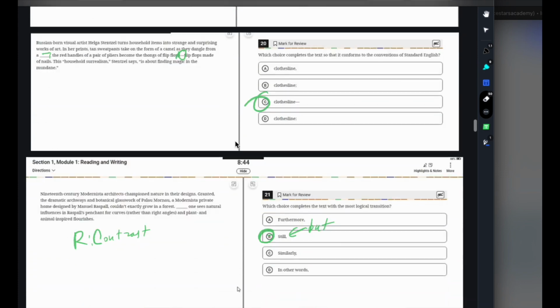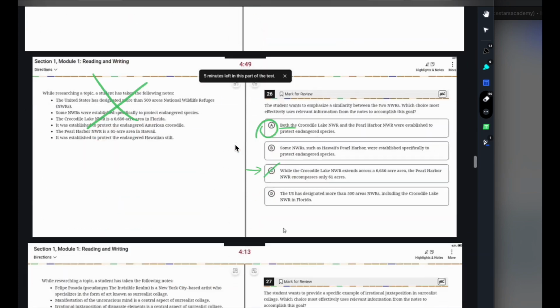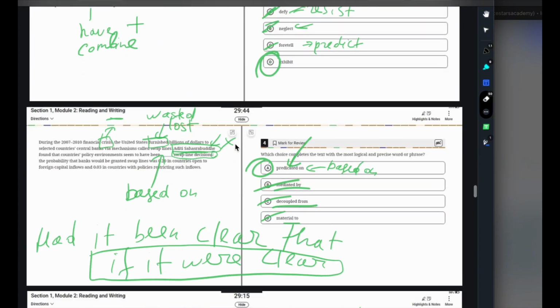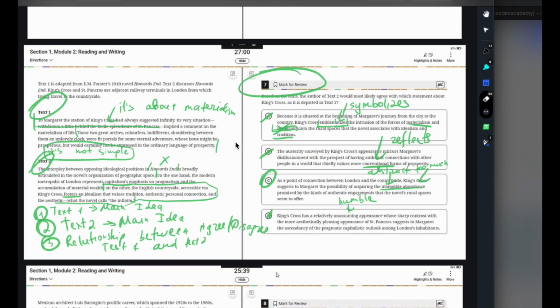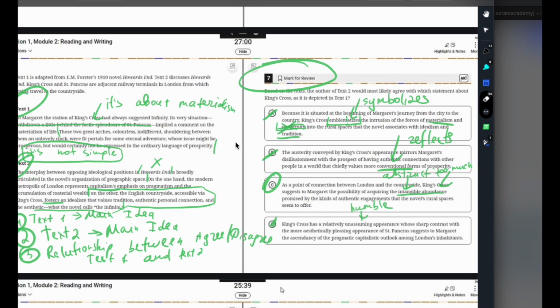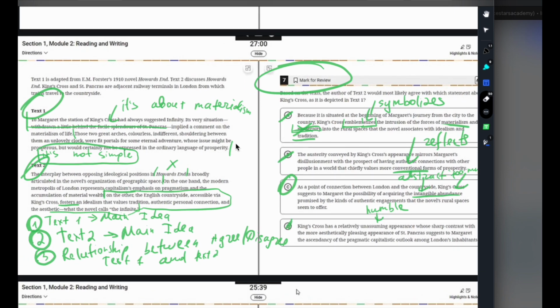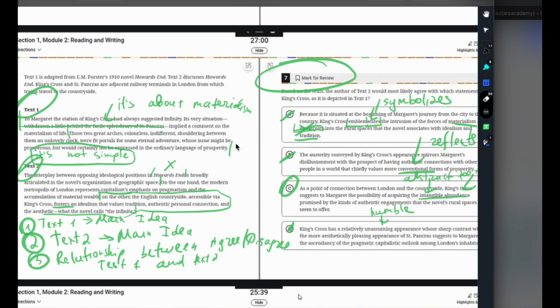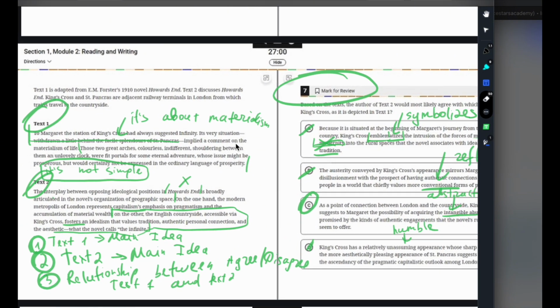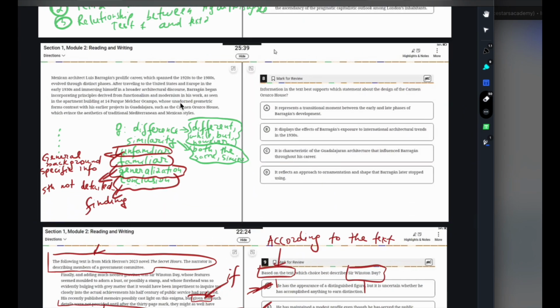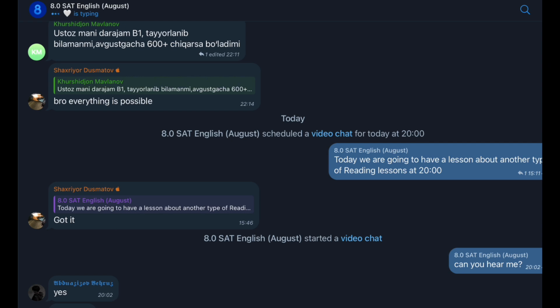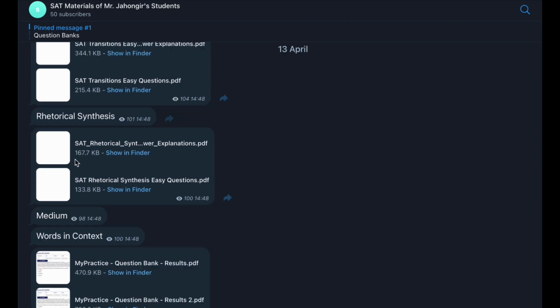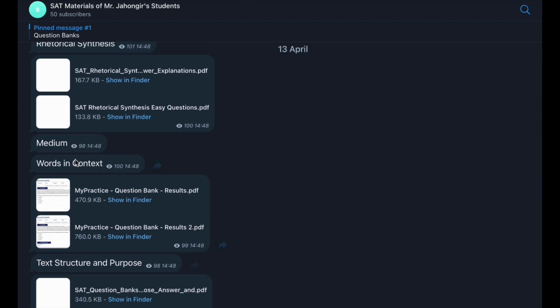Ko'rganingizdek, har doim bunaqa savol ham kelavermaydi, juda ham rare. Bitta, maksimum ikkita bo'lishi mumkin, lekin ikkitadan ko'p hech qachon ko'rmaganman bu savol turini. Ko'pincha bitta keladi. Well, this is also kind of hard. Let's look at some of the question banks actually.